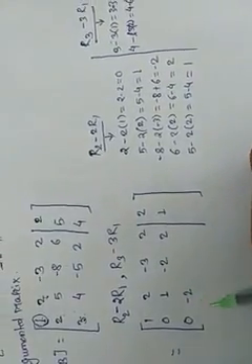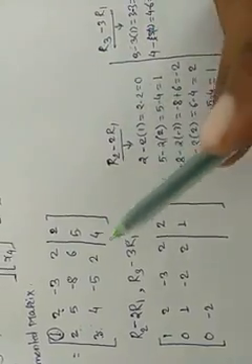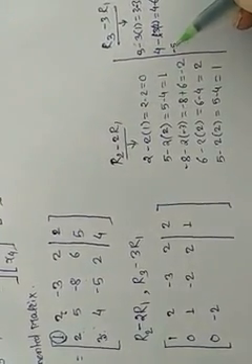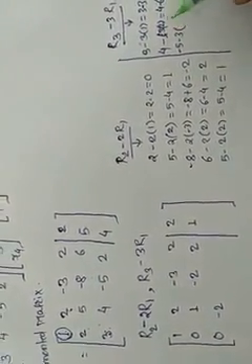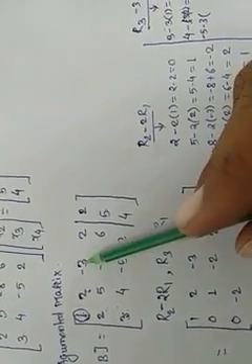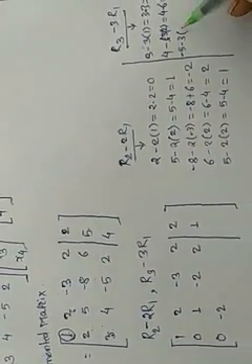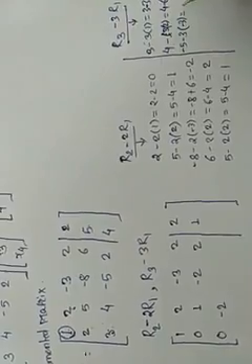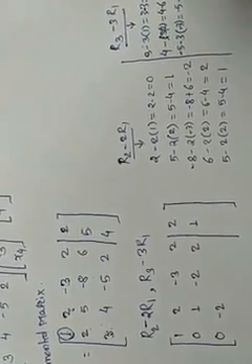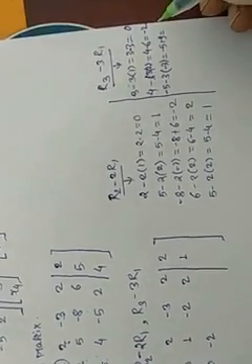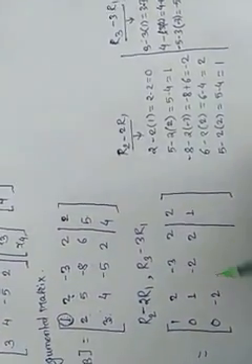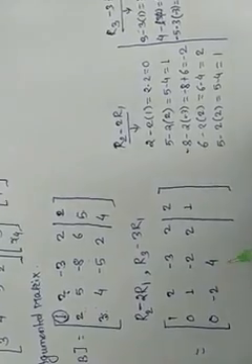Next, -5 minus 3 into -3, which is -5 plus 9, which gives 4.